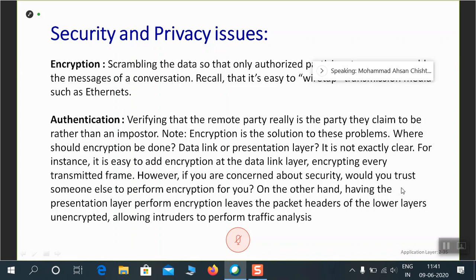Again, it becomes optional. When the format of representation in the sender and the receiver is the same, why do you need overhead in translation? Thus, all of these become optional, and in certain circumstances you might require them, in other circumstances you may not require the help of the presentation layer.